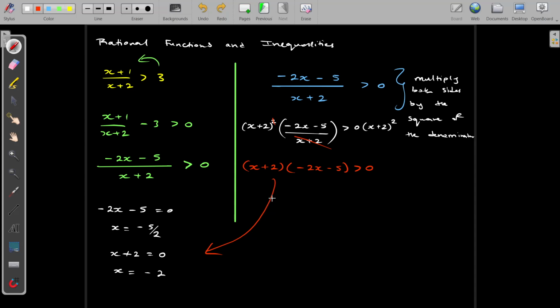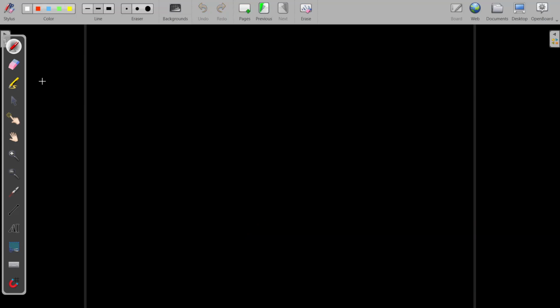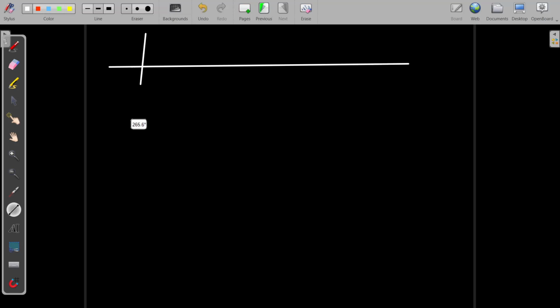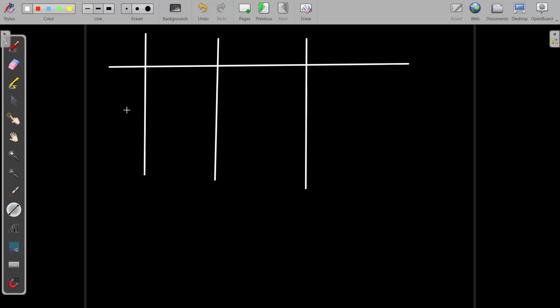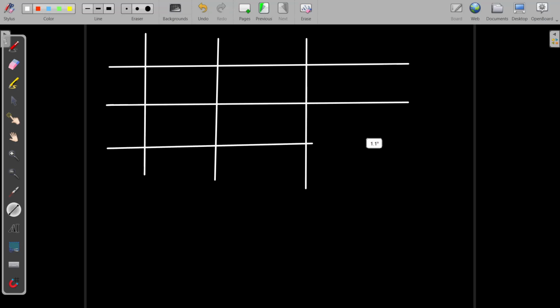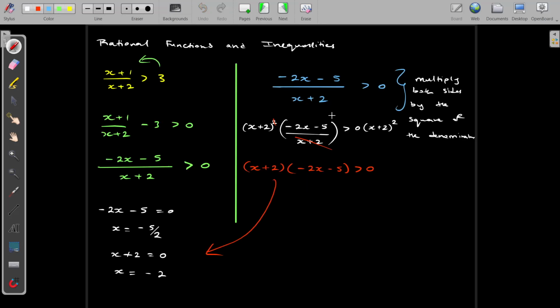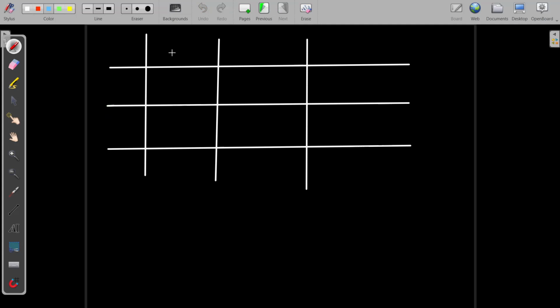The last thing left for us to do is to find the sign table. So the sign table, we simply draw up some things for our factors. So one factor would be x plus 2.